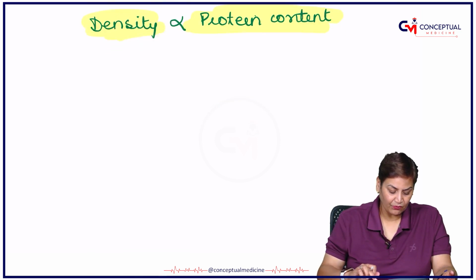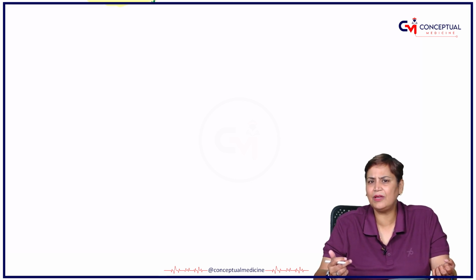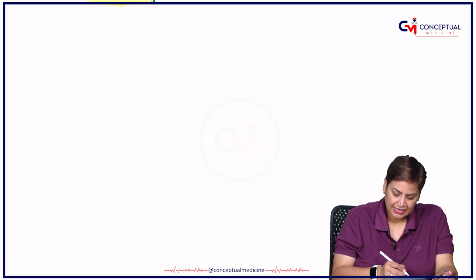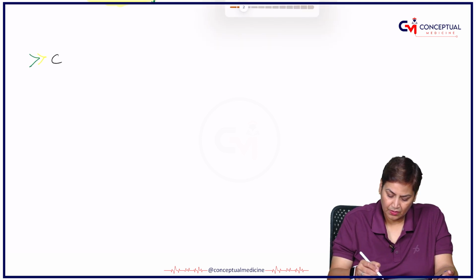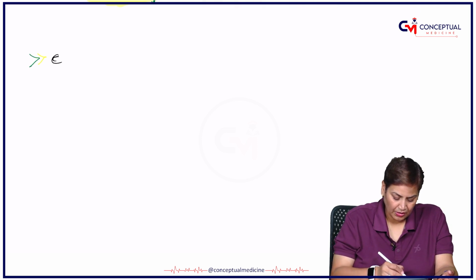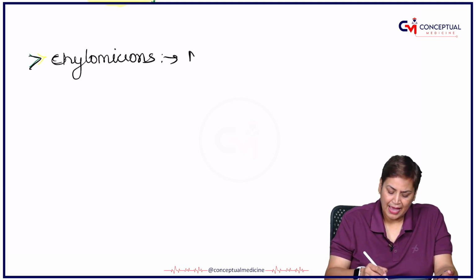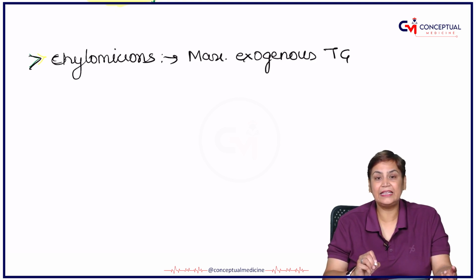Then the second is, what are the methods by which we can separate these lipoproteins, because estimation of these lipoproteins is very, very important. Why? Chylomicrons have maximum exogenous TGs. Just keep this in mind. What is the source of exogenous? It is the diet.